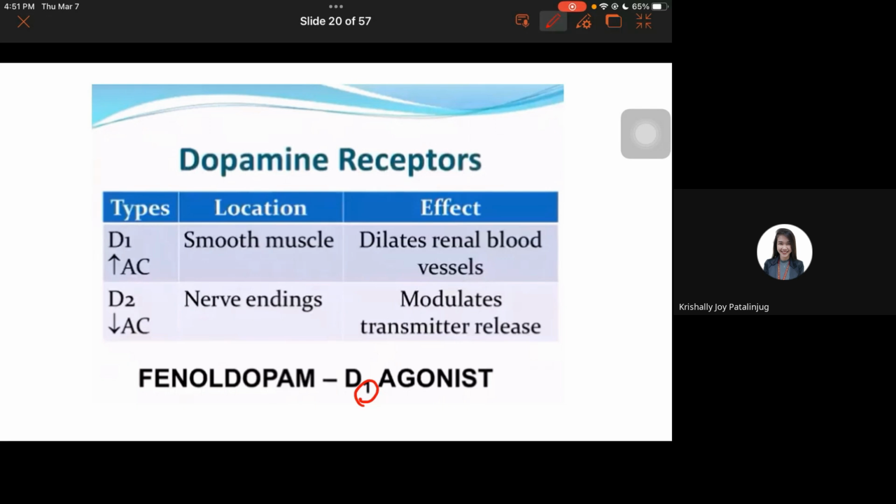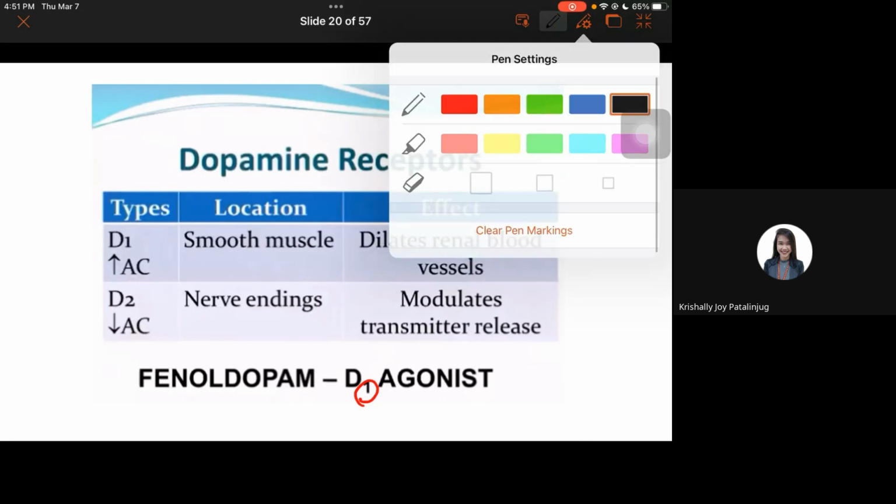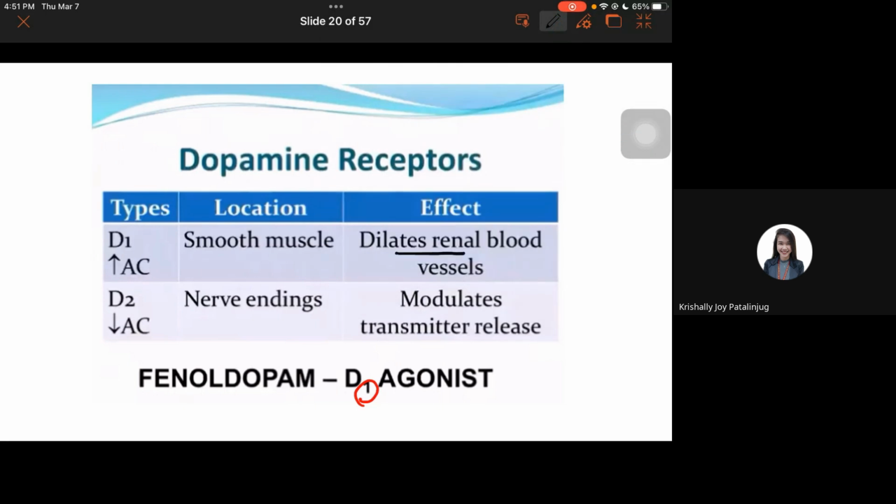So yung effect naman niya, it is able to dilate renal blood vessels. So kung kaya niyang i-dilate yung renal blood vessels, it causes, di ba, renal vasodilation. Because of that effect, it could potentially enhance the glomerular filtration rate.